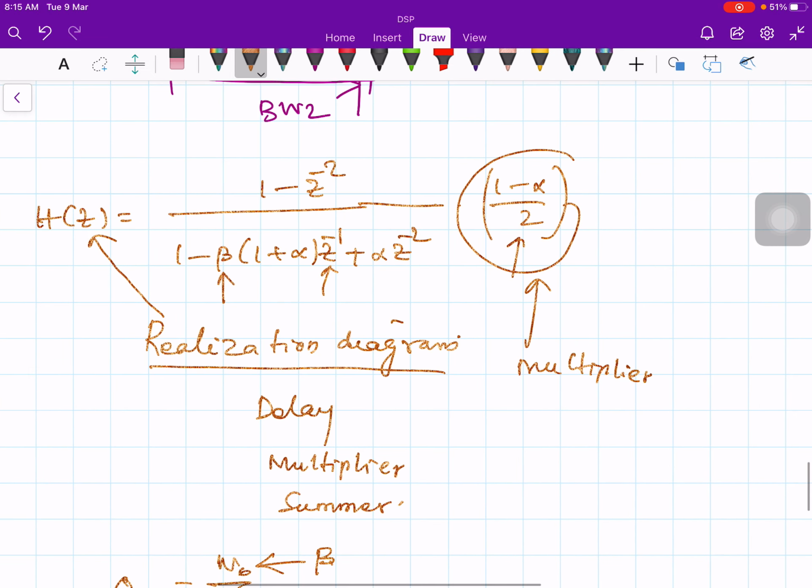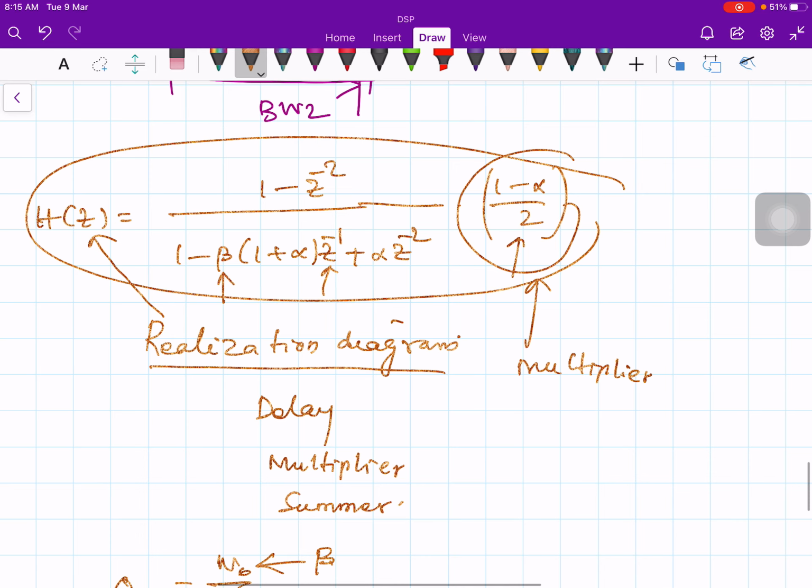So this transfer function has been worked out, as I said, by trial and error method by the engineers, by the research community. And this transfer function is a versatile transfer function. It has two parameters, alpha and beta, which can independently control the center frequency and the bandwidth, or equivalently the Q value.